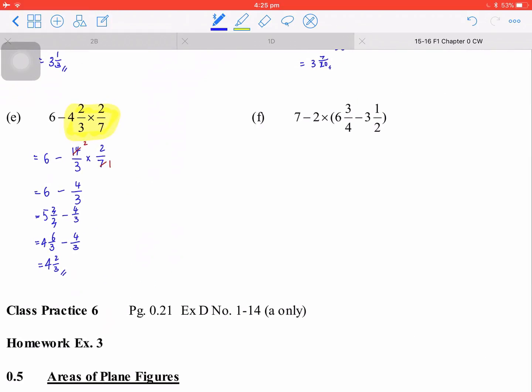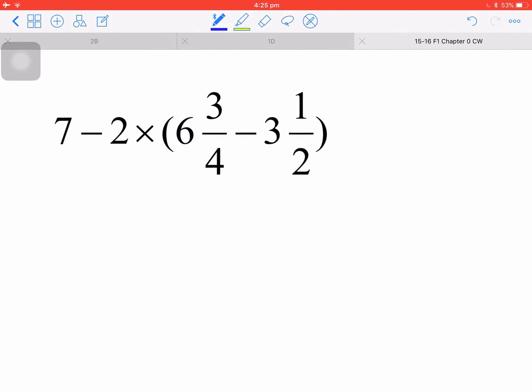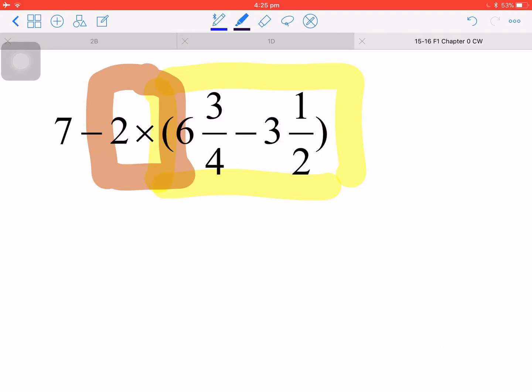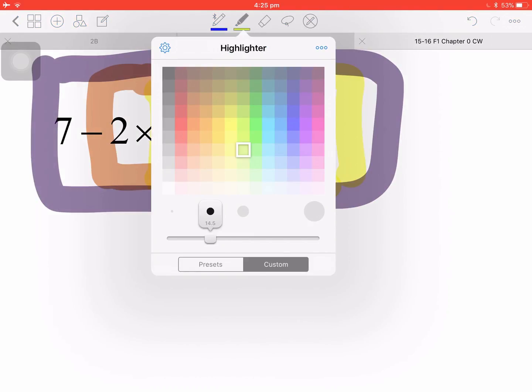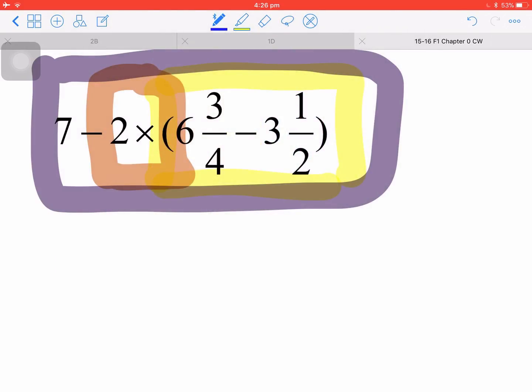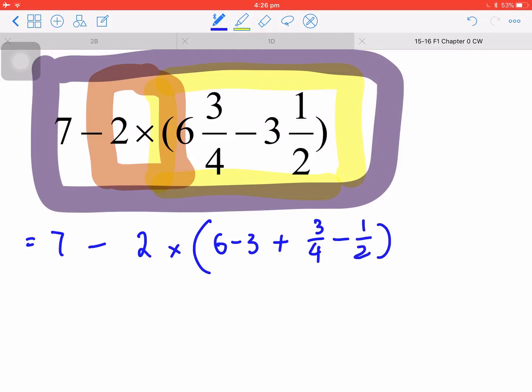Is it okay? So for the last one, again, can you just handle the bracket first? This is what you are going to handle first, and then the second thing will be the multiplication here, and the last thing will be the whole expression calculation. So first of all, you just handle what is inside the bracket, so you have 6 minus 3 and 4, this one.